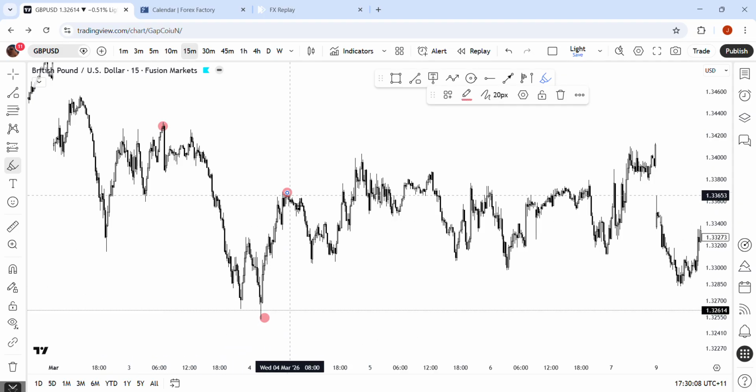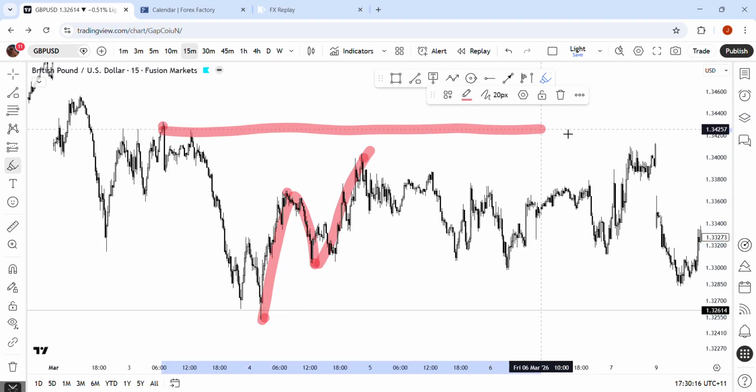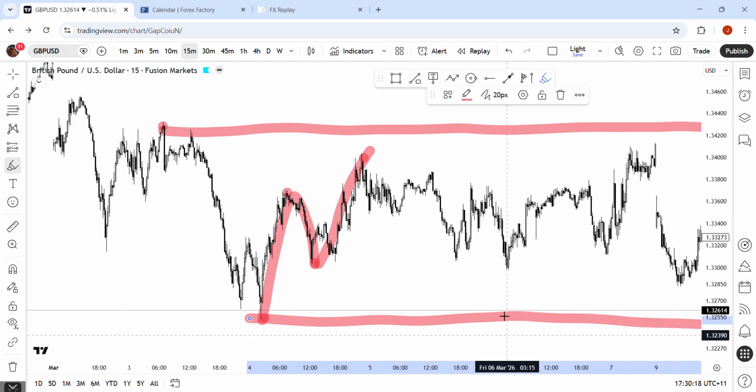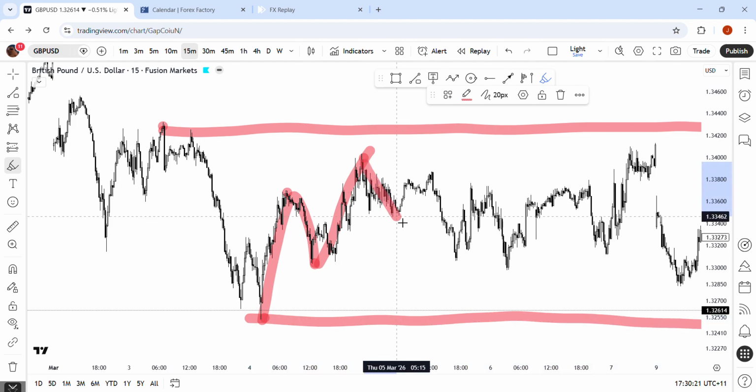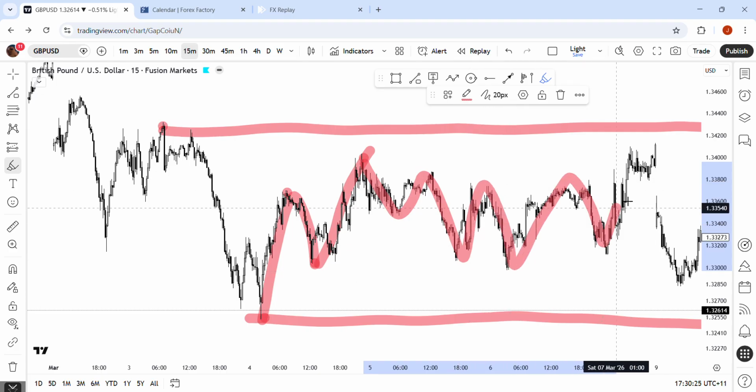Now, we've got some internal price action going on here, where it was making some highs, higher low, higher high, but ultimately this is a swing high and that's a swing low. Then what's happened? We're just playing around within this price action, all in between this.